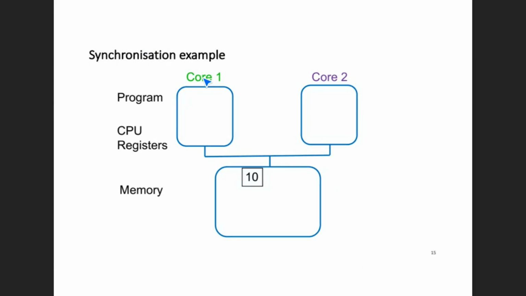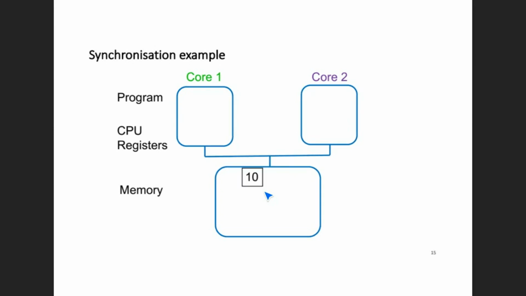We have, now thinking about two separate cores. Each core has its own CPU registers, and they're able to load and store values into physical memory here. Okay, I'm ignoring any cache memory here because that turns out to be not relevant to this argument.